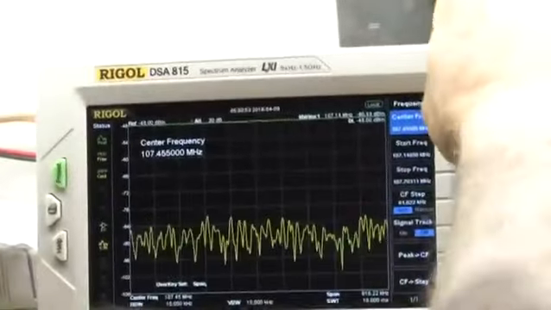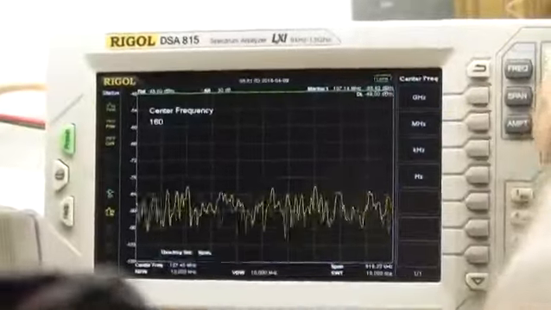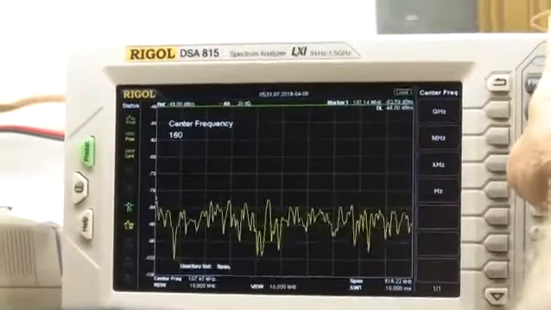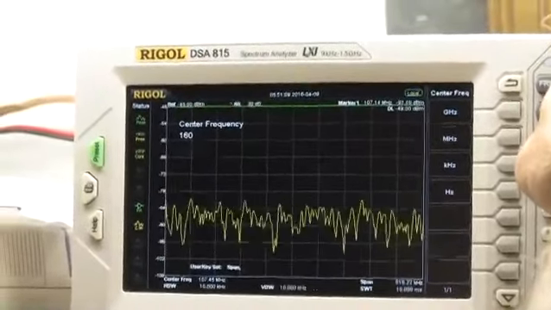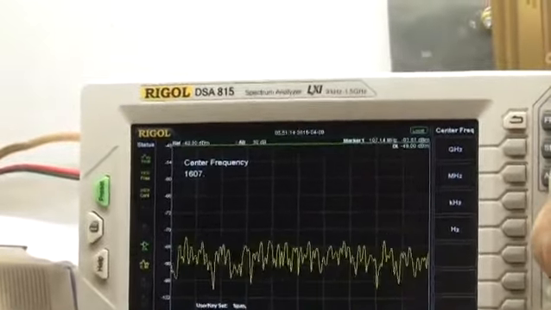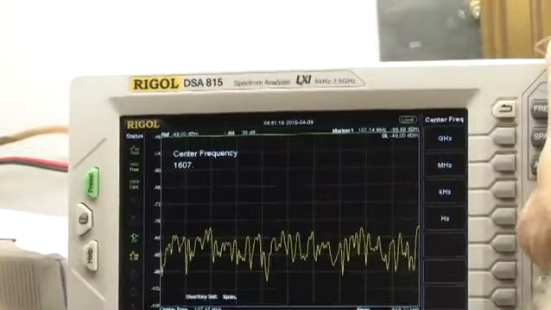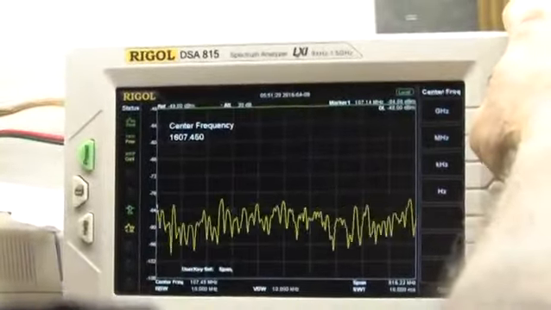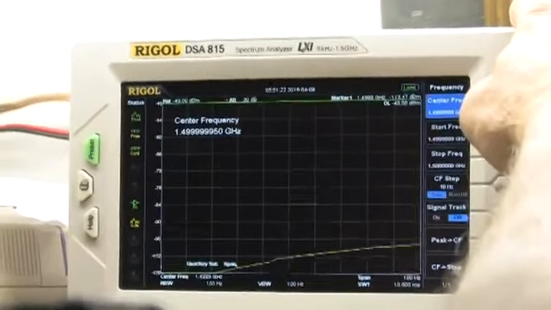So if we push that, so what is it exactly, Pat? 1607.450 hertz. Kilohertz or megahertz, yeah. Hertz.